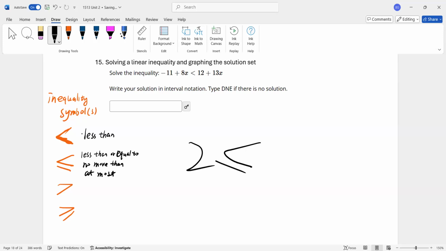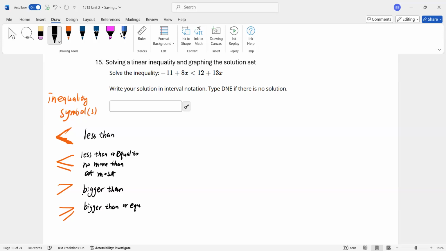For example, 2 here and x here. 2 is less than or equal to x, or 2 is no more than x, or 2 is at most x. All right, so that's the meaning of this inequality symbol. Next one is strictly bigger than. And the last one with the bar under is bigger than or equal to.